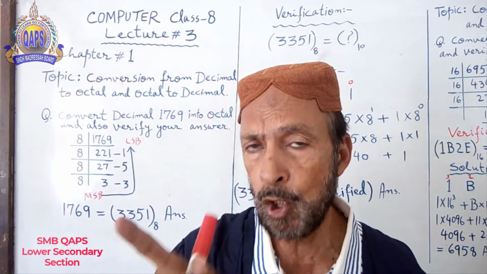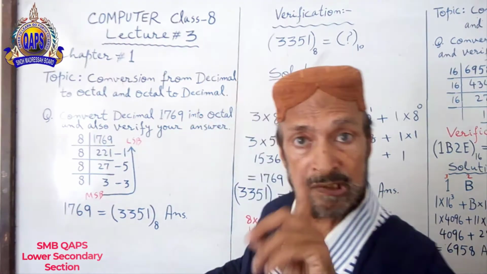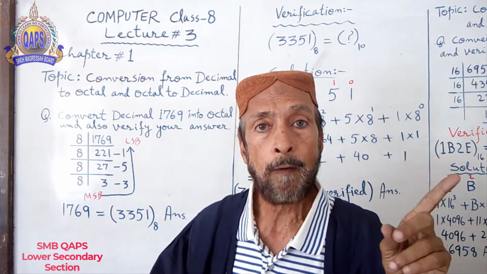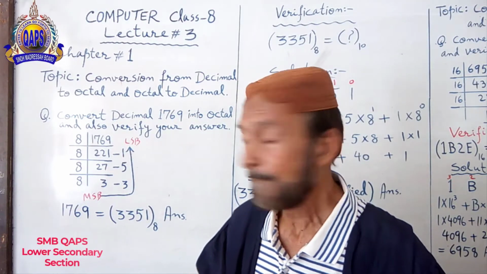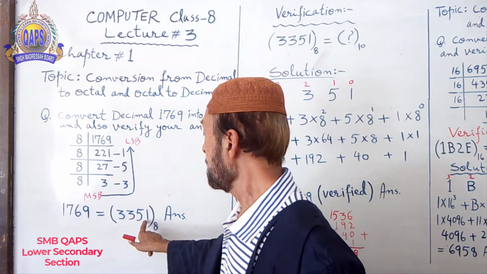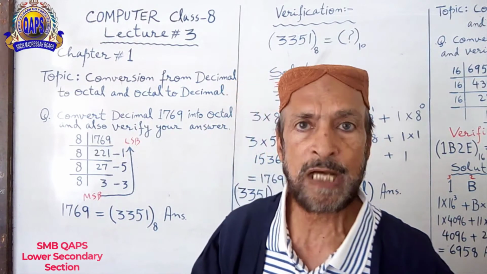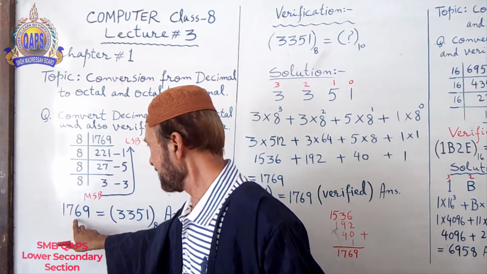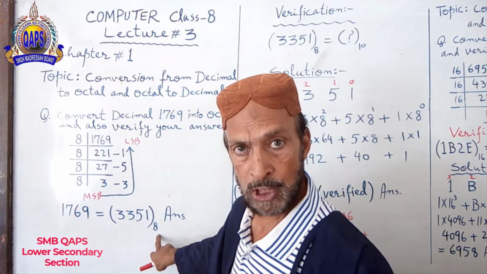No, not at all. It is written as 3351 base power 8. So this is the answer. Decimal number 1769 equals to 3351 octal.